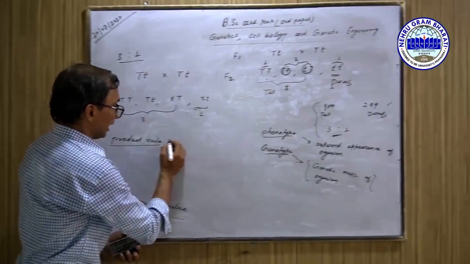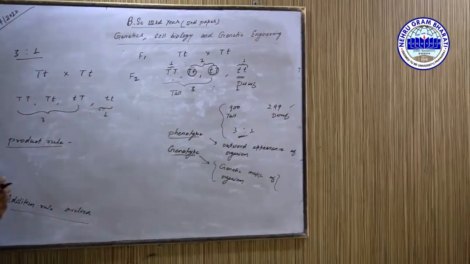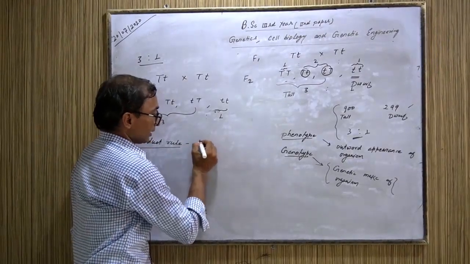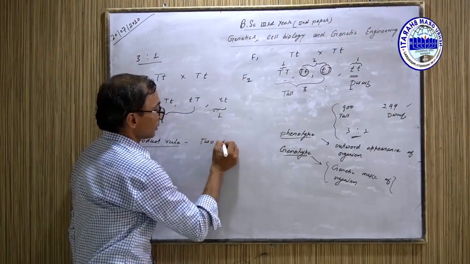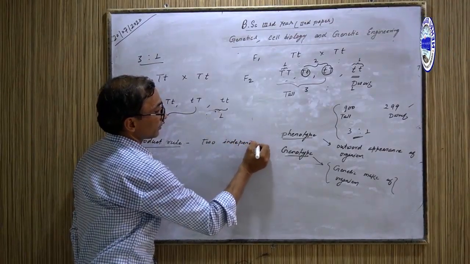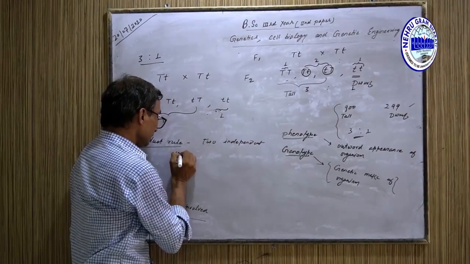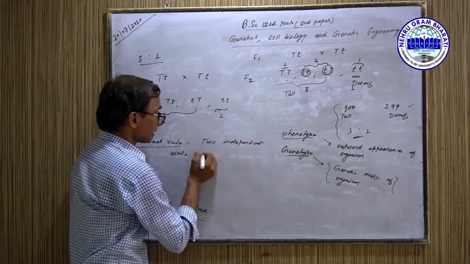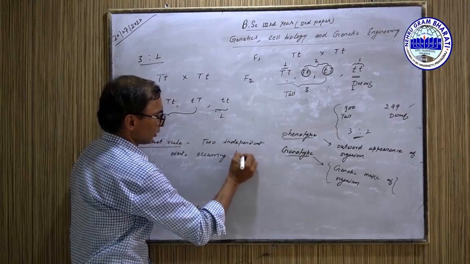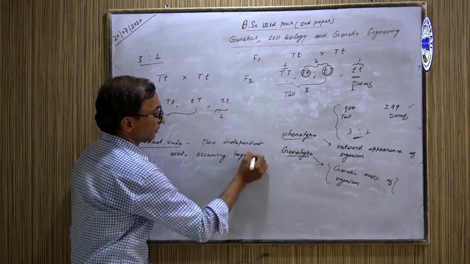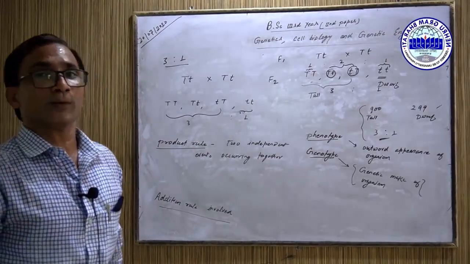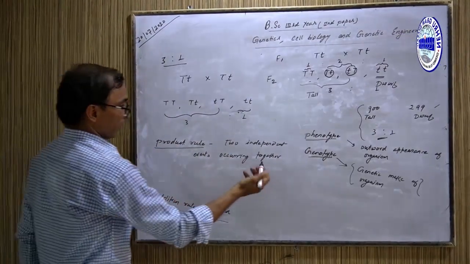It simply says that if there are two independent events occurring together, then the total probability is the product of their individual probabilities. That is the product rule.